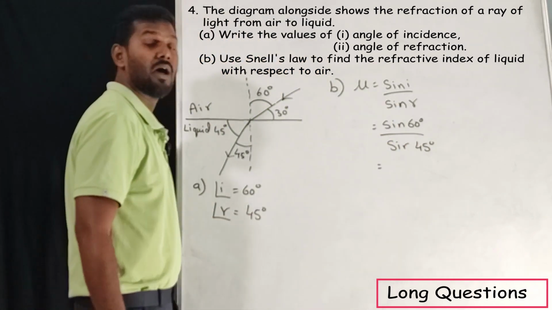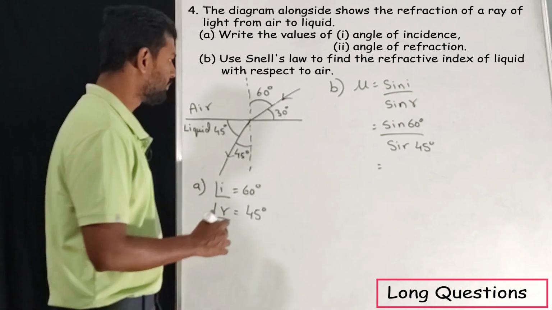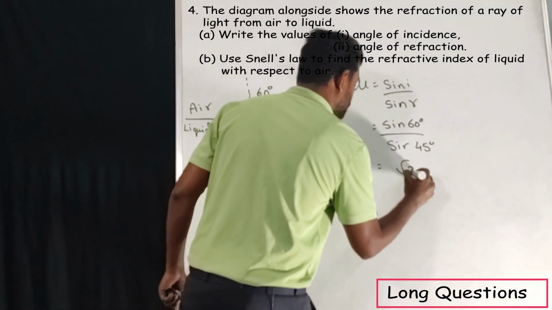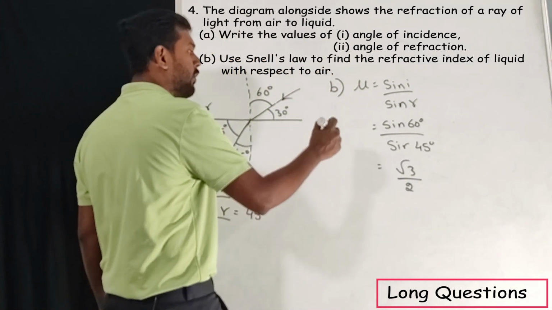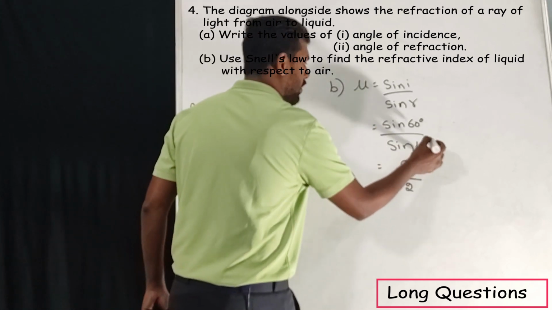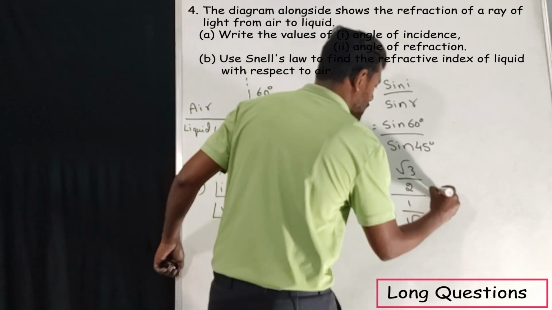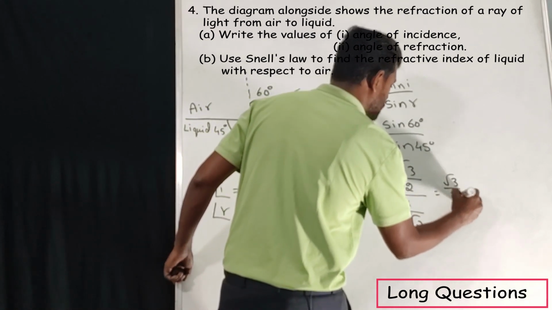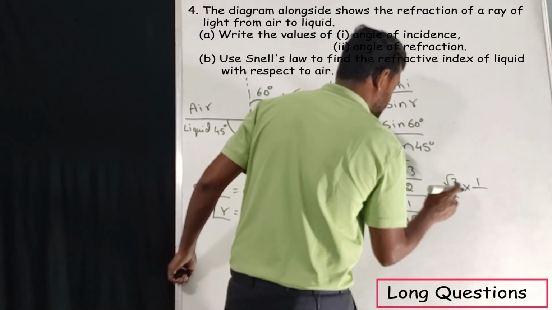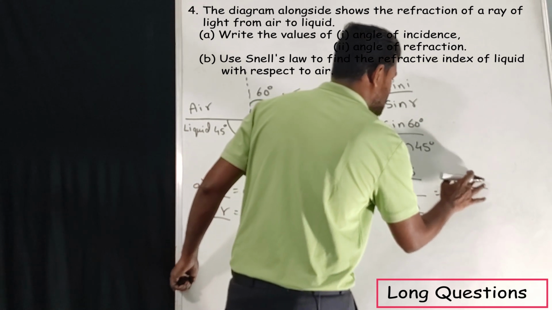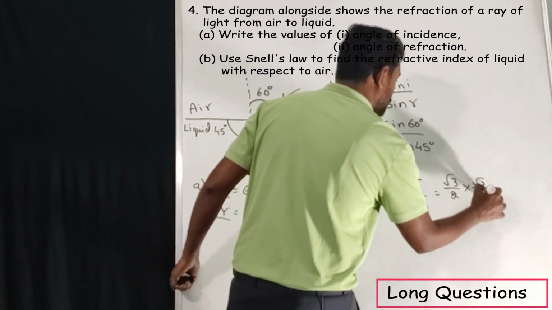What is sin 60? Root 3 by 2. Then what is sin 45? That is 1 by root 2. Then root 3 by 2 into 1 by, sorry, this we have to take the reciprocal, root 2 by 1.